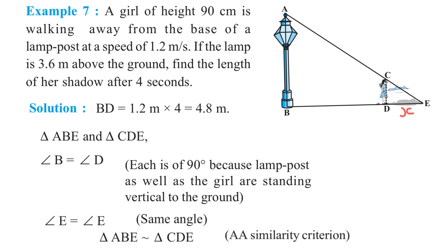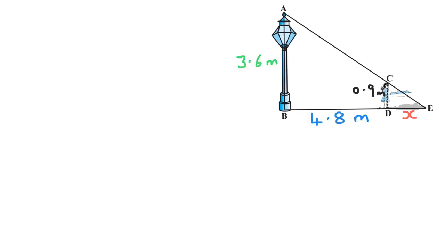Now let's figure out the length of the shadow DE. So we know that the two triangles are similar. So if the two triangles are similar, the ratio of their sides will be in proportion. So BE over DE is going to be equal to AB over CD.